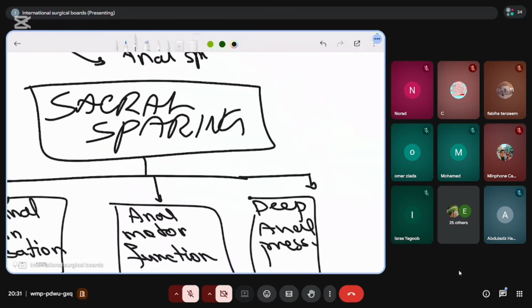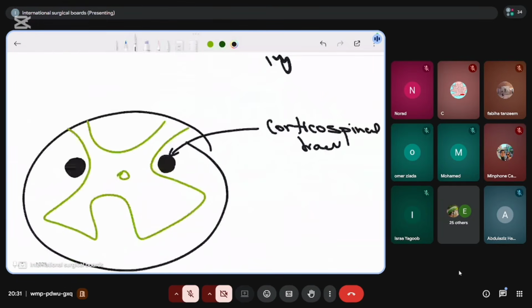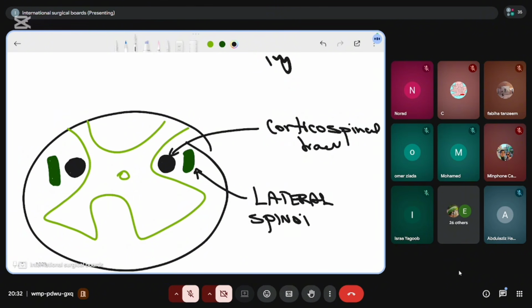That's it. And just next to it is another tract called the lateral spinothalamic tract.